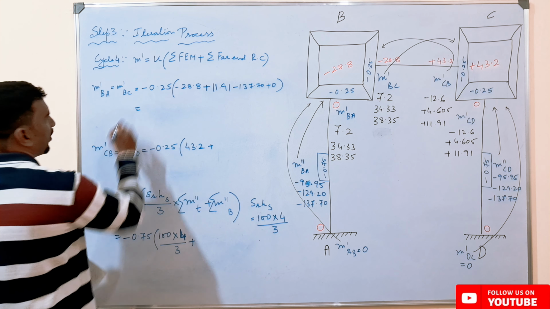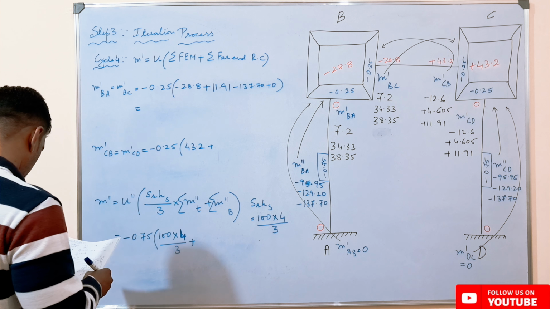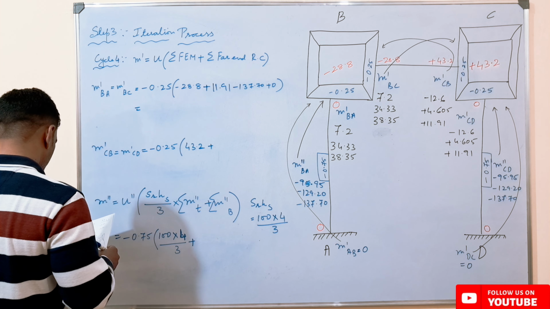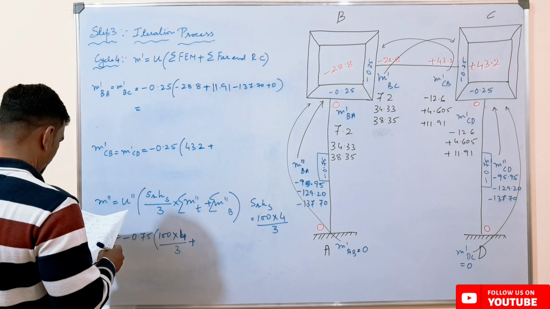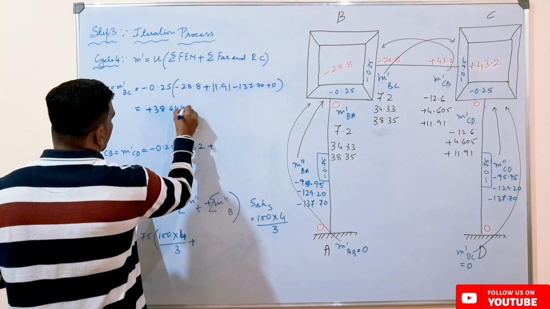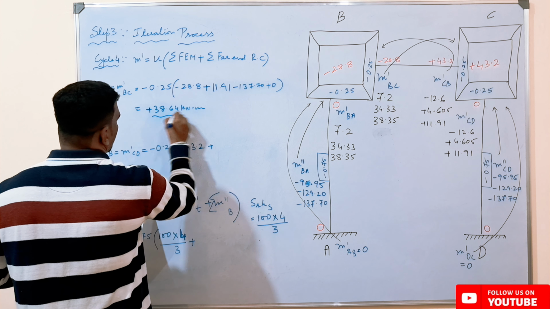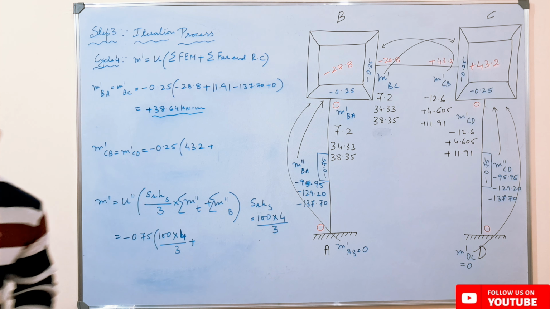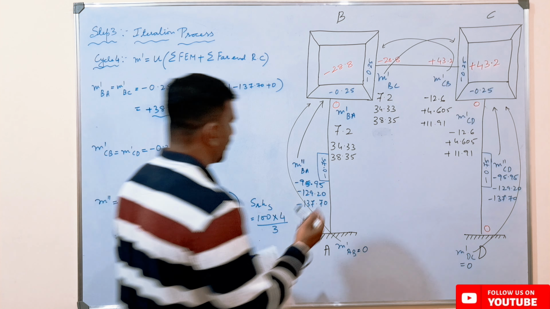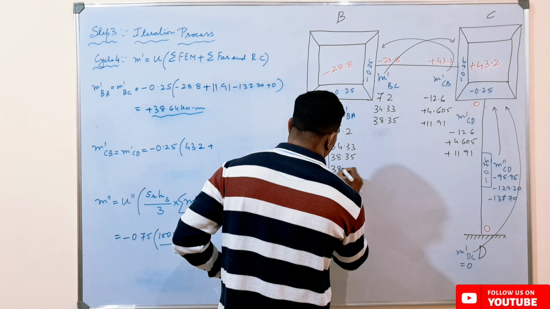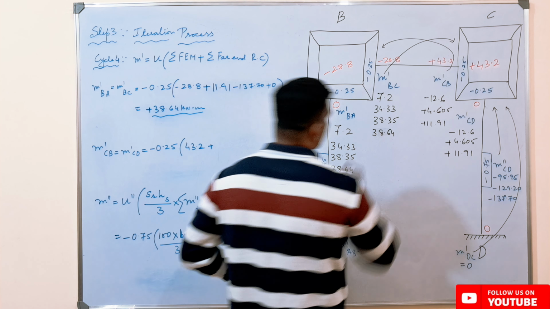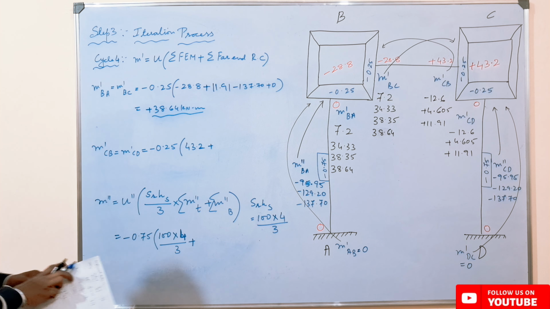So we are having a value of, that is plus 38.64 kilonewton meter. This is the value. So this value will provide over here 38.64 here, 38.64 here also it is 38.64.